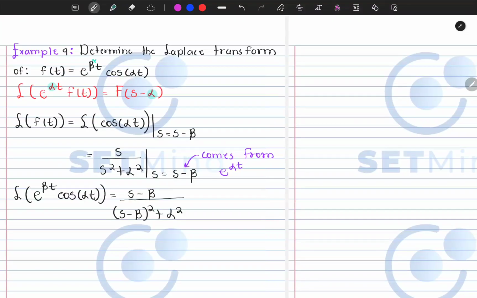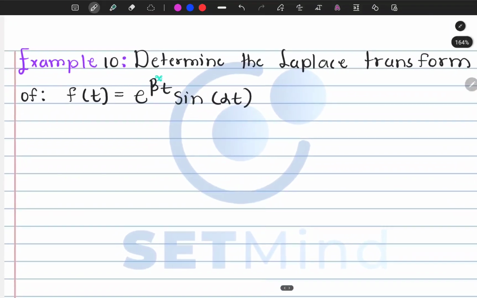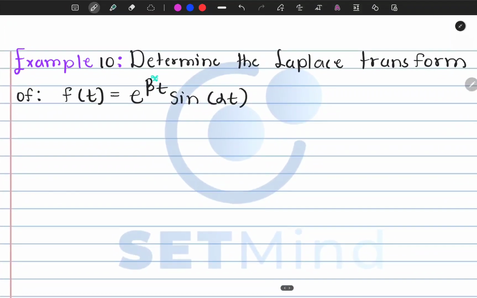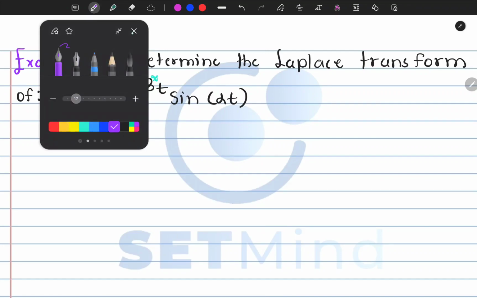So let's go and have a look at example number 10, then 11, then we conclude the session. Okay, so let's now have a look at example number 10, where we're required to find the Laplace transform of e to the beta t multiplied by sine of alpha t.